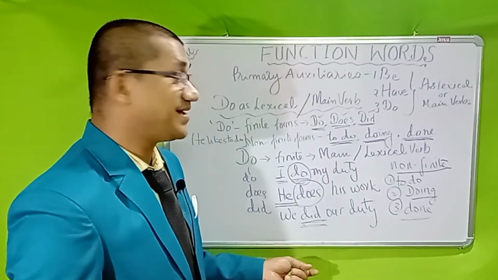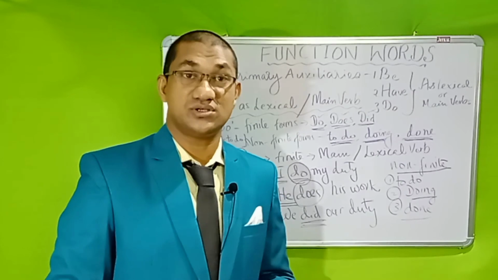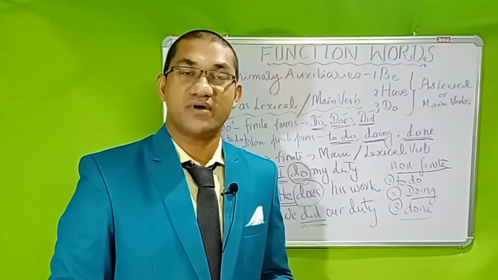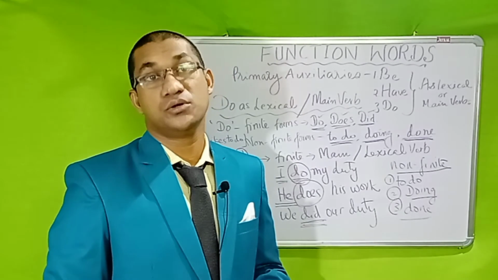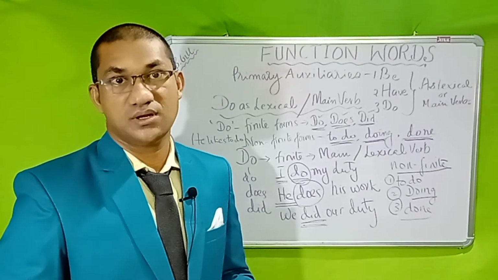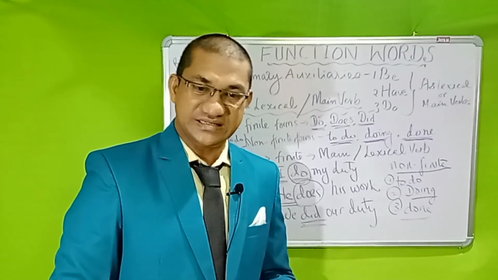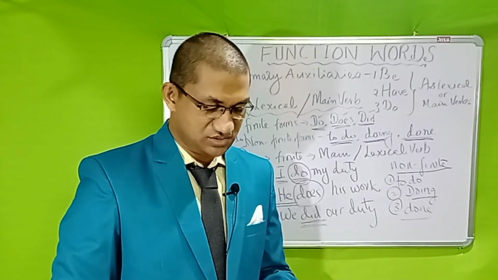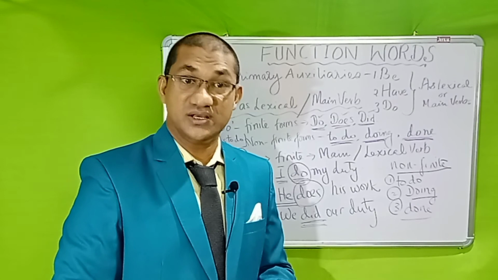So we understand that, once again, do the auxiliary has three finite forms and three non-finite forms. The finite forms are do, does, and did, and the non-finite forms are to do, doing, done. And this is what we have to understand in detail.